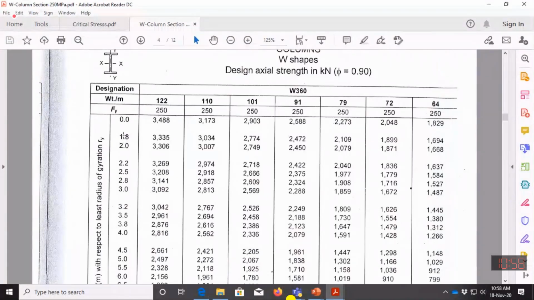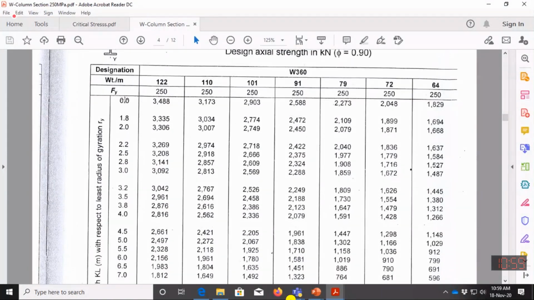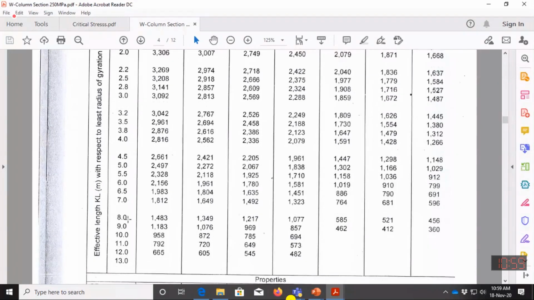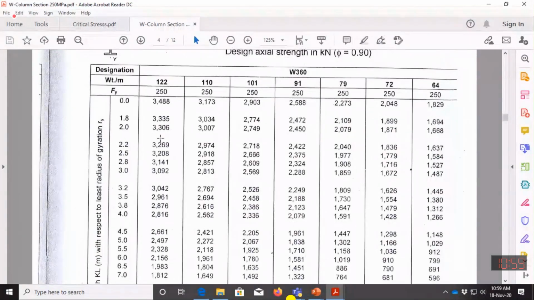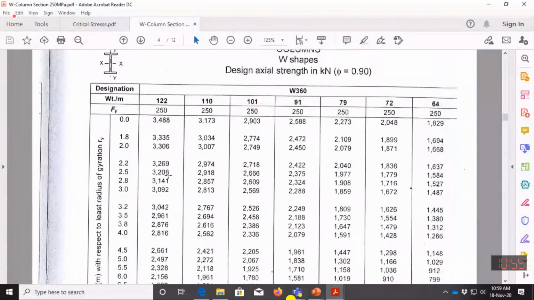If we know the slenderness ratio, we know the phi c Fcr value. And if we know the phi c Fcr value, we can determine the capacity by multiplying with the gross area. Similarly, in this table, different effective lengths about the y-axis are assumed, starting from 0 to maybe 13. And then their respective capacity is written also in their designated column.